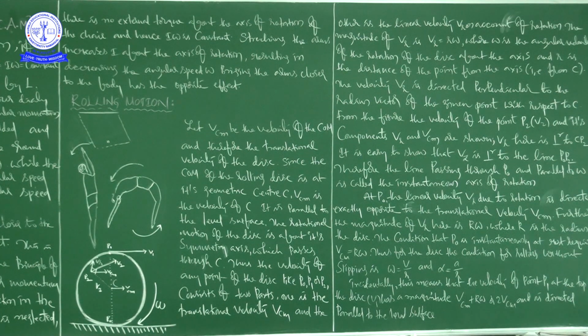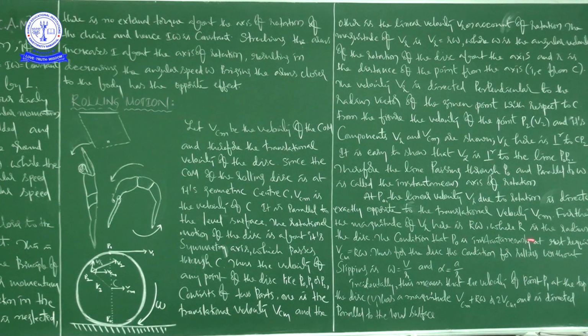The magnitude of VR is equal to R omega, where omega is the angular velocity of the rotation of the disk about the axis and R is the distance of the point from the axis, that is from C.